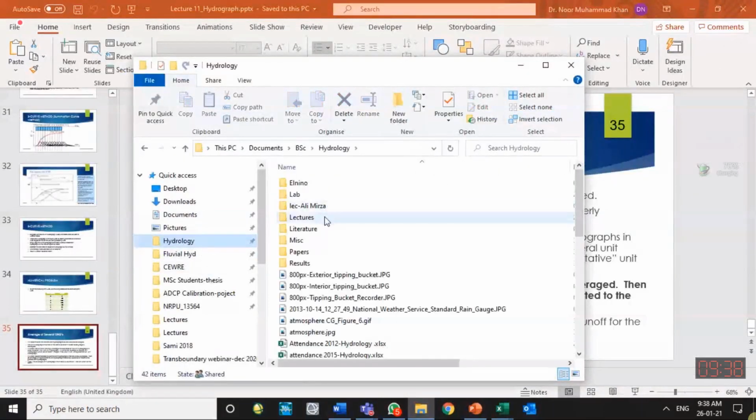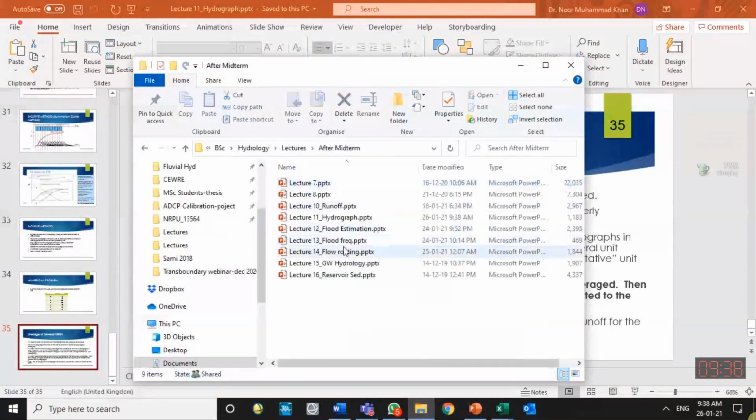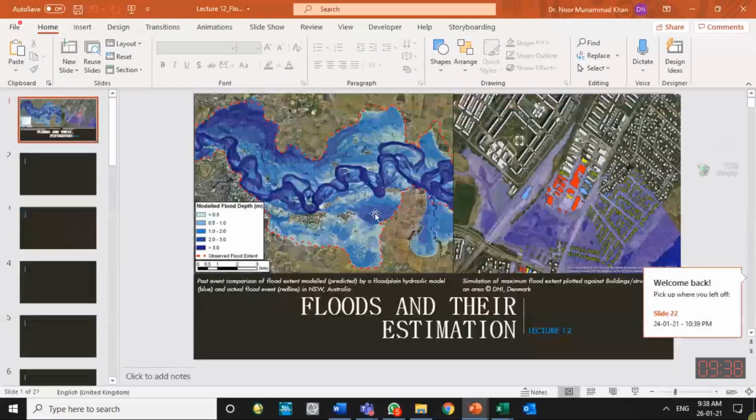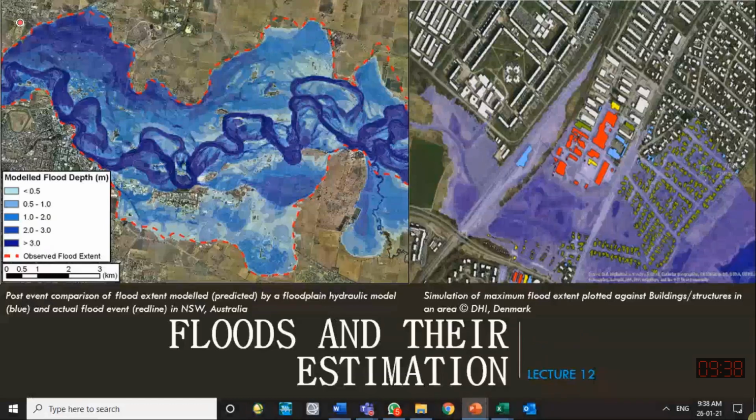Hydrology lectures after midterm: flood estimation. So flood studies are important in our practical life. Most people are interested.